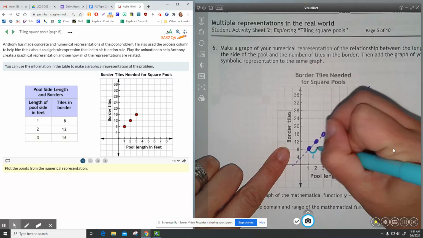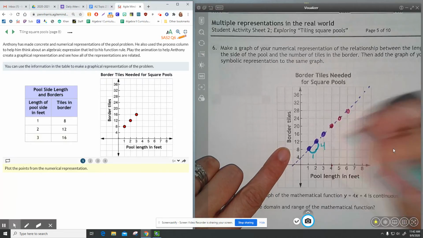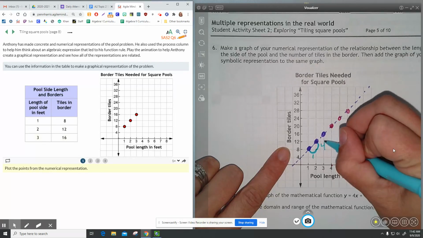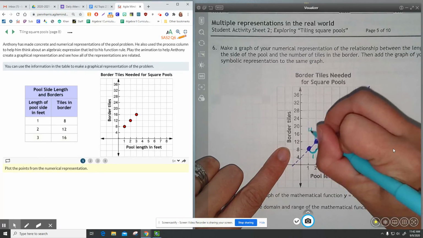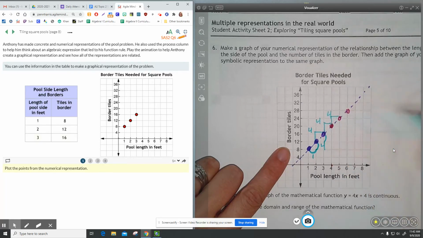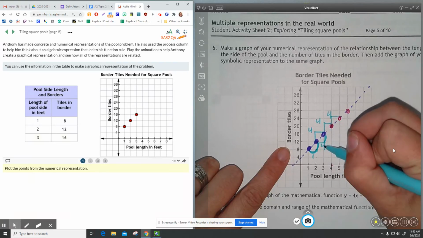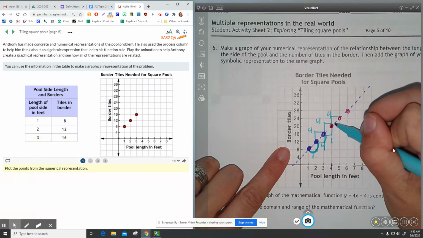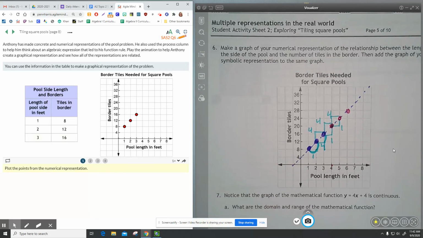But for every foot that I add on, how many tiles go up on the pool? 4. So again, that's 4 tiles. So we can, here is 4, here is 4, and here is 4. Okay, whereas going this way is 1, 1, 1, and 1.